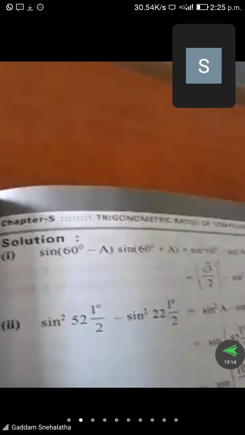So see here, we have to prove that sine of 60 degrees minus A into sine of 60 degrees plus A is equal to something. For this, we have a formula. What is the formula?